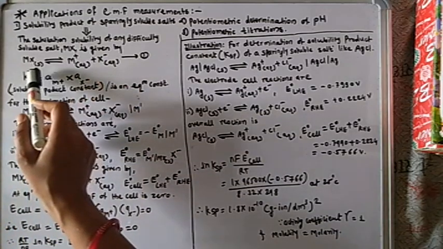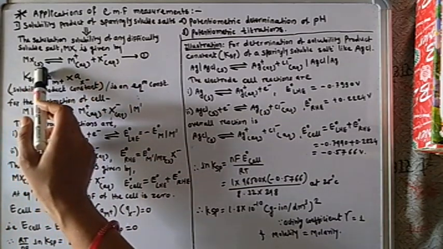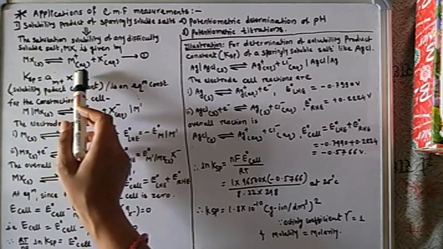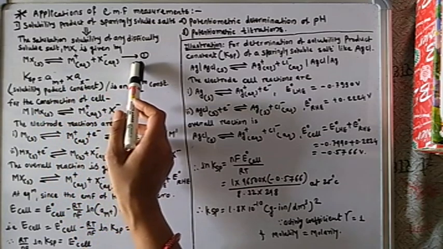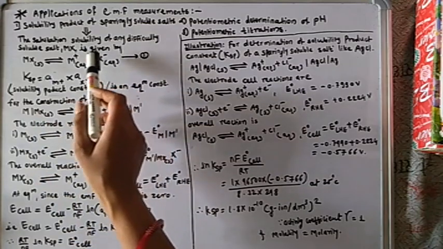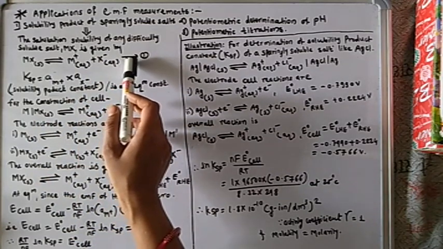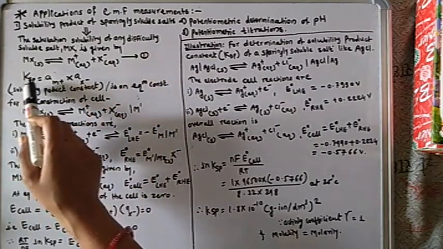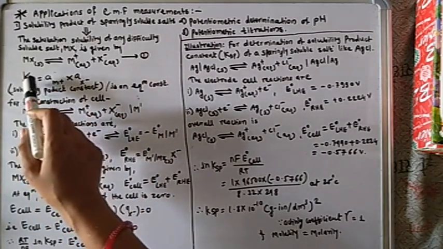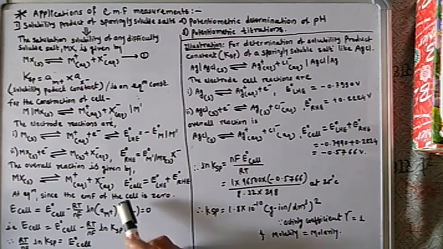This is represented as MX solid reversible gives M+ aqueous plus X- aqueous. The equilibrium constant for this is Ksp, which is called the solubility product constant.